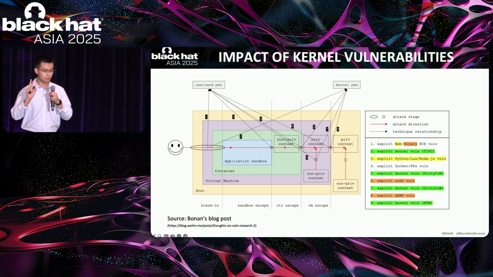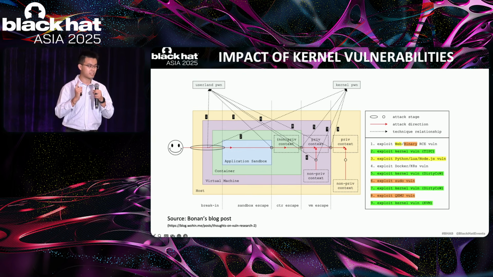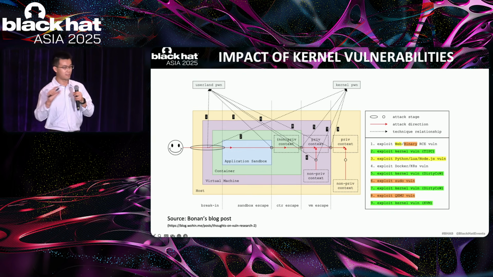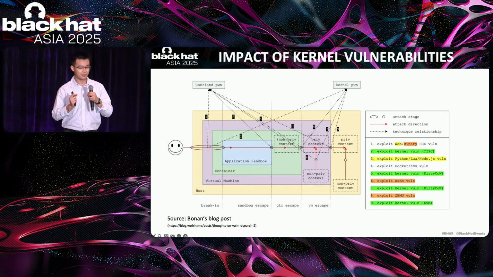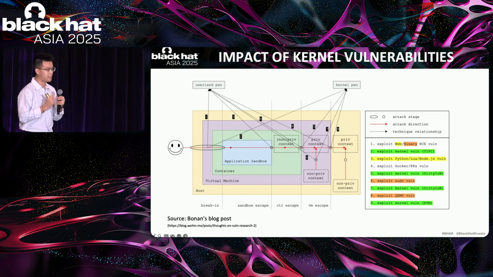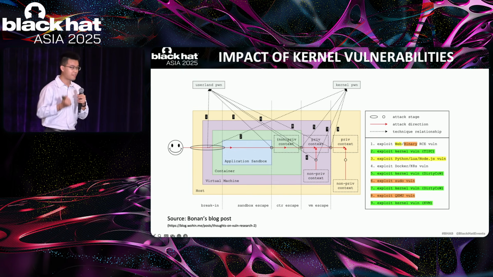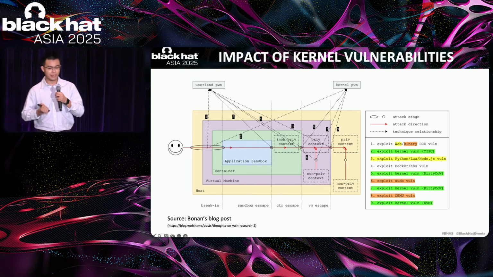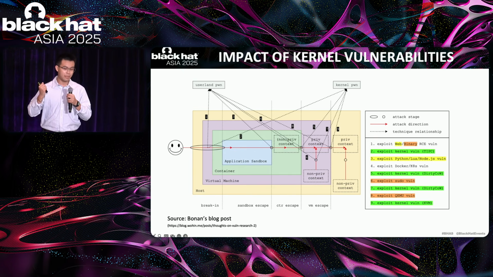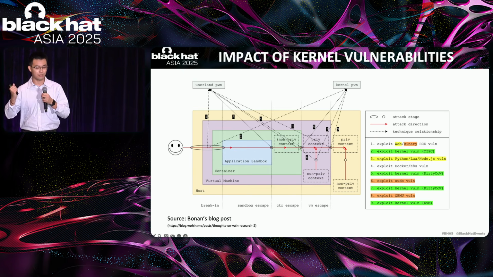There are also two ways. One way is to exploit vulnerabilities in the virtual machine software itself. The second way is to exploit kernel vulnerabilities like those in KVM. So from this picture, we can see there are lots of impacts brought by kernel vulnerabilities.